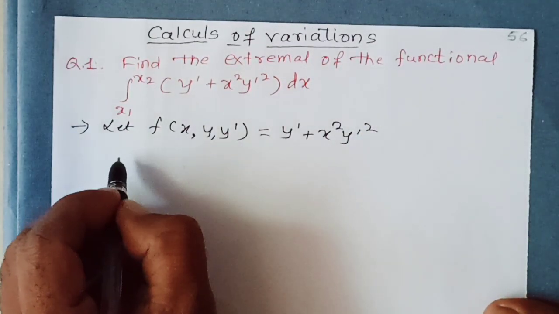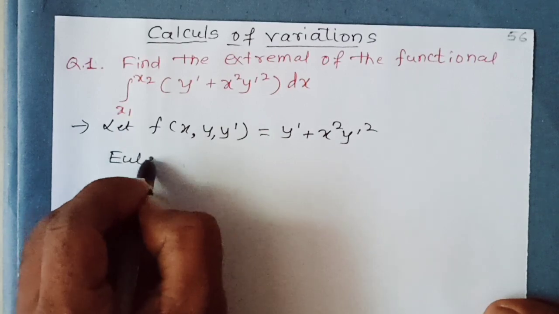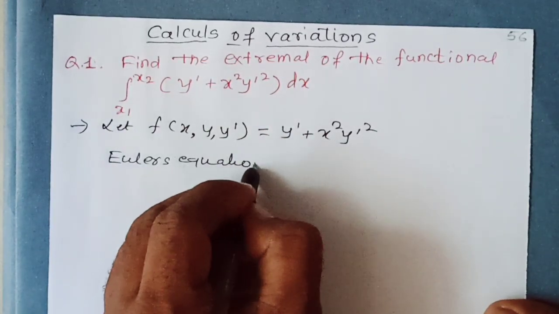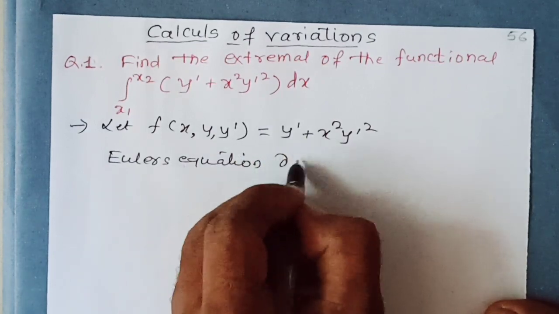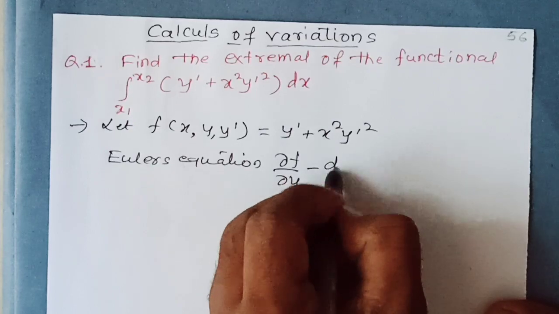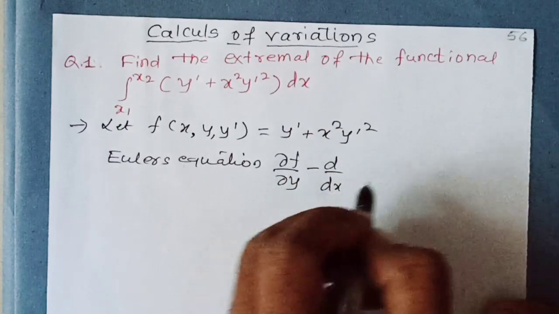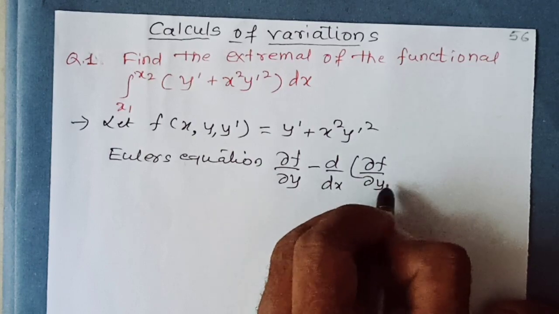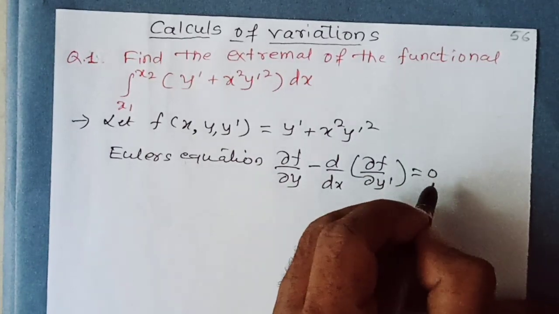Next we'll use Euler's equation: dou f by dou y minus d by dx of dou f by dou y dash is equal to 0.